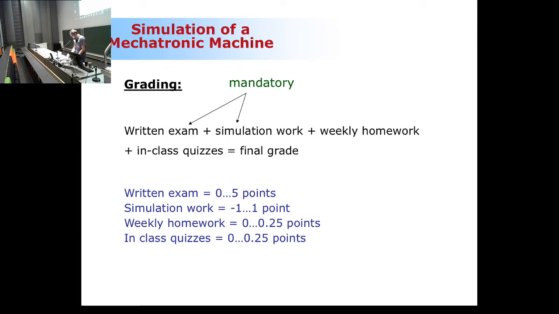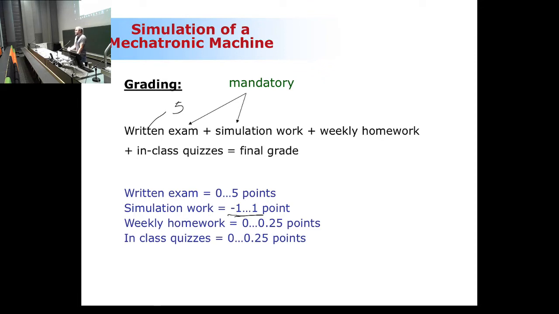So let me use a pen here. Let's say that you're an outstanding student, you're really a good one. You score 5 out of 5 on the written exam. Then simulation work is scaled from -1 to 1. If you're doing no good at all, we're going to take 1 point off your written exam.